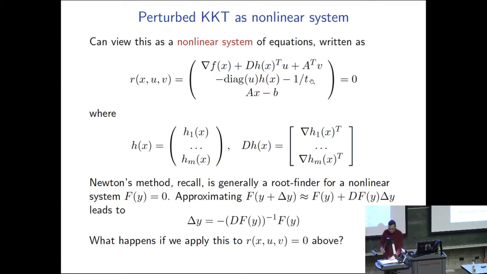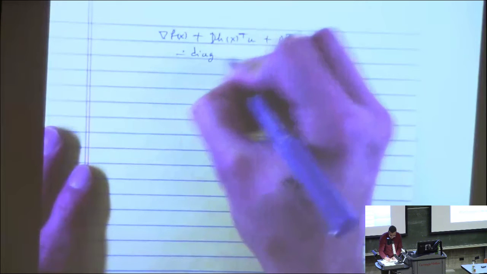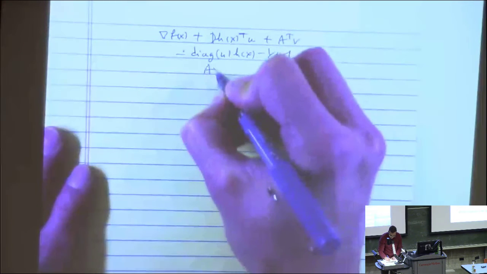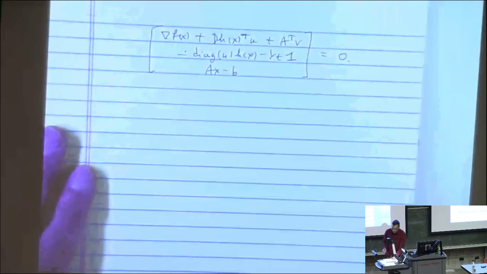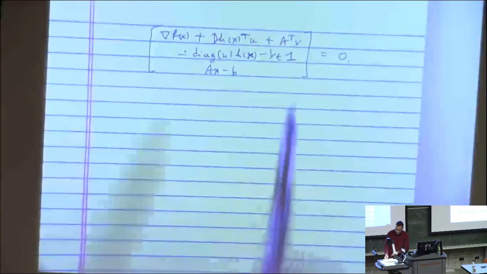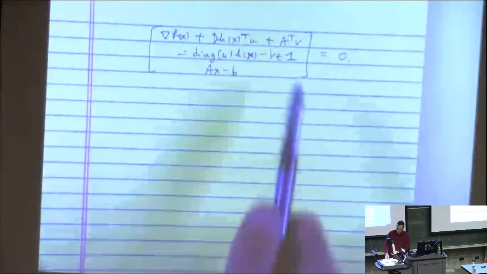In fact, just for completeness' sake, that should actually be minus 1 over t times the ones vector. It doesn't really matter, but just in case it's confusing, I'll write it out here. So this is the nonlinear system that underlies the perturbed KKT conditions. And the KKT conditions themselves would replace this whole thing by 0. I wouldn't have this minus 1 over t times the ones vector. This would just be 0.